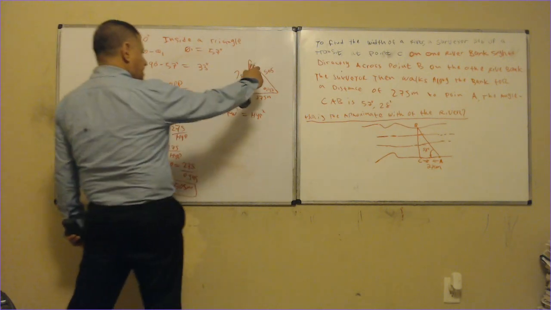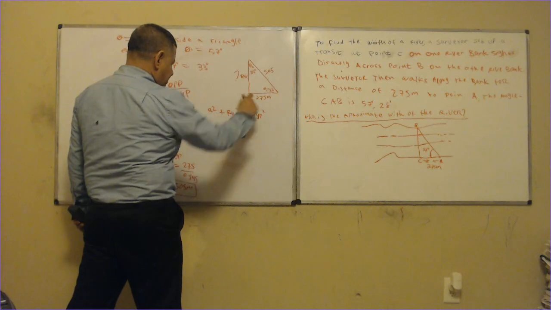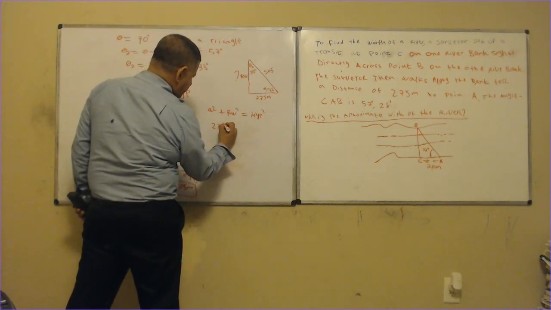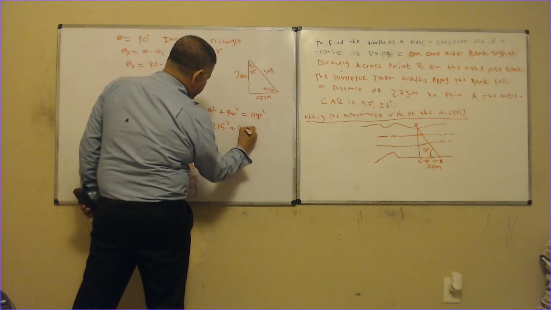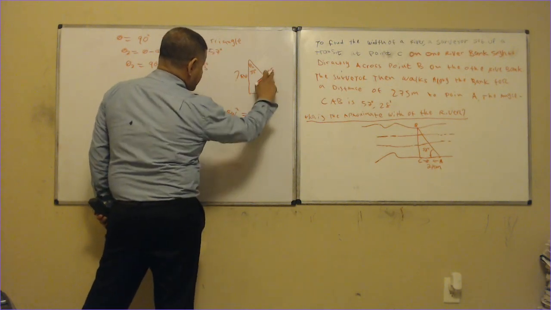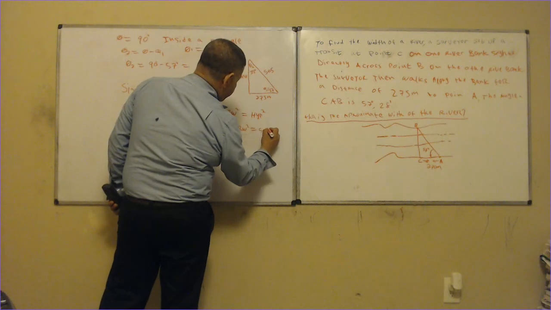Okay? So I got my hypotenuse here. So now 275 squared plus river width squared is equal to my hypotenuse, this guy. So it's 505 squared.